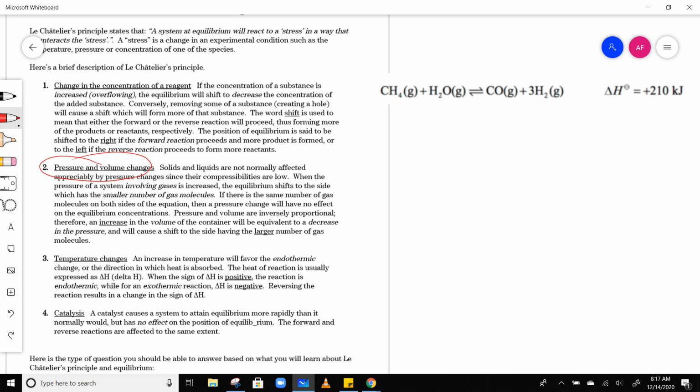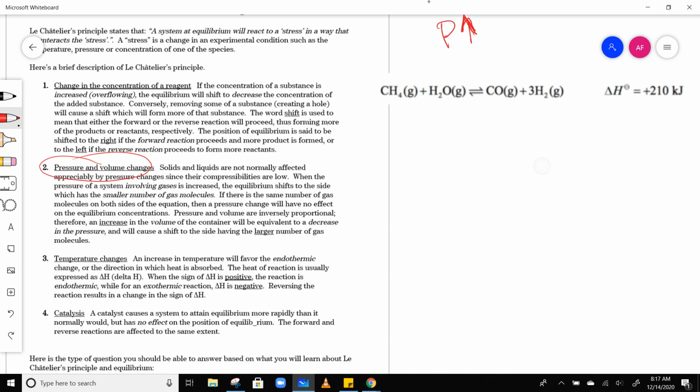Now, we don't worry about solids and liquids. We don't look at solids and liquids if there's pressure changes. However, if pressure goes up, it's going to shift to the side with the least moles of gas.